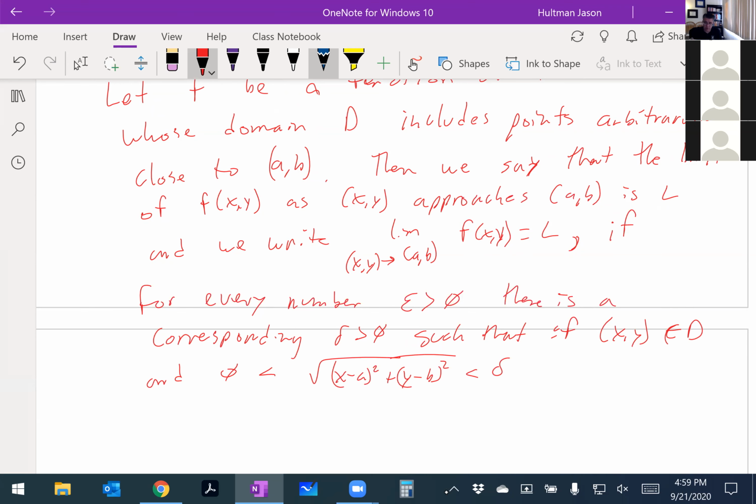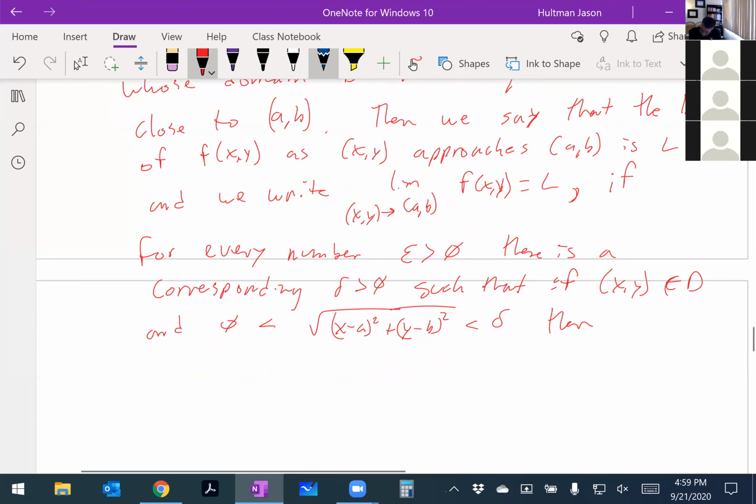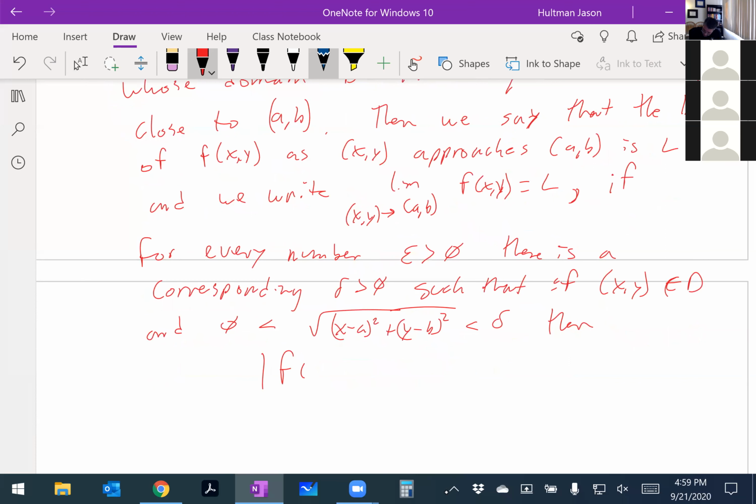There's got to be some gap there. Then the absolute value of the function minus its limit is less than epsilon. So we're basically just setting up a delta epsilon definition of what the limit is.